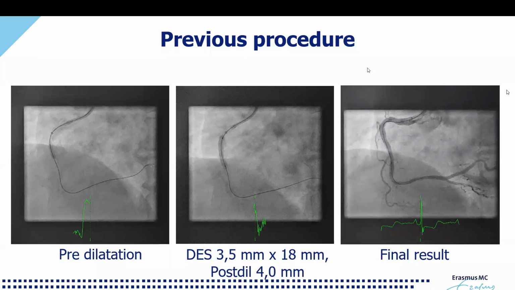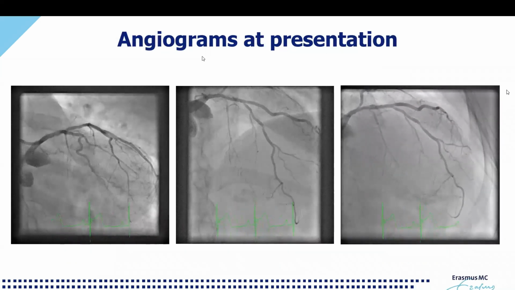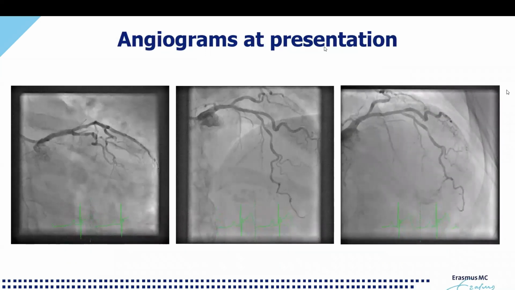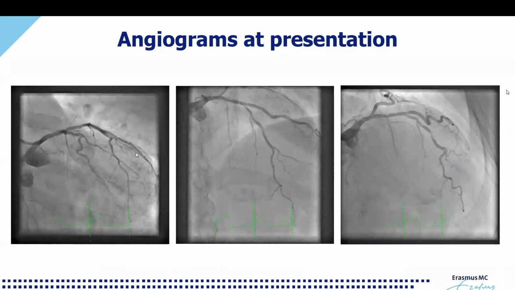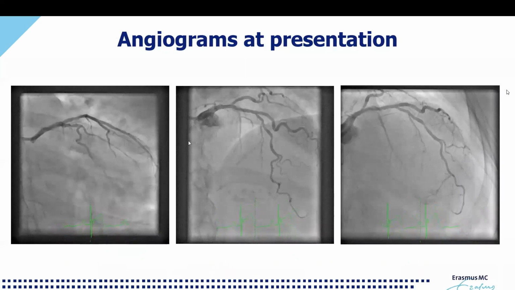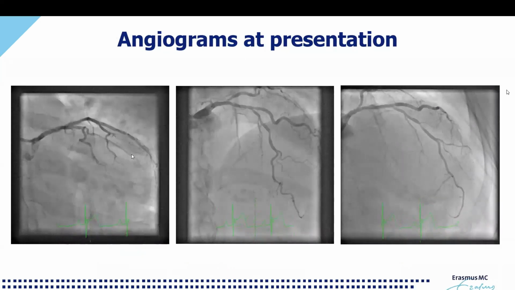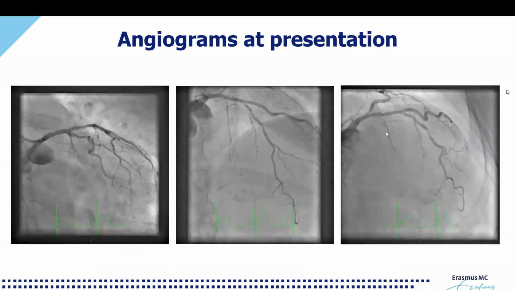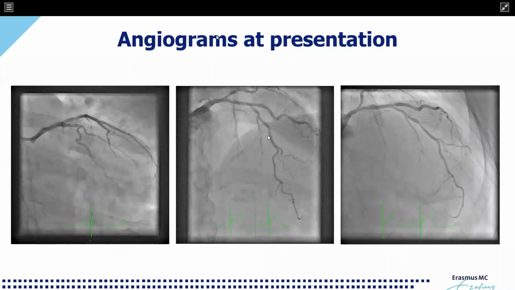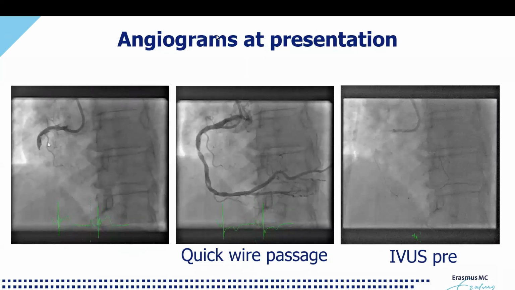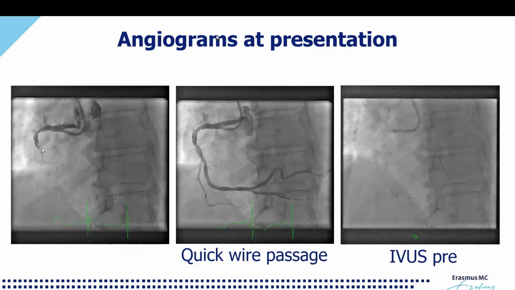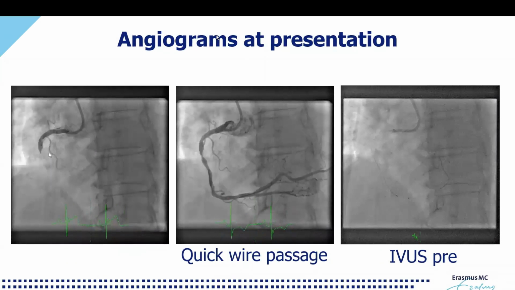So then the angiograms at presentation with us, we started with the left coronary angiogram. Then it's a bit fragile in here, but not much. But the right one, you see at the same spot here, the right coronary artery was closed again.